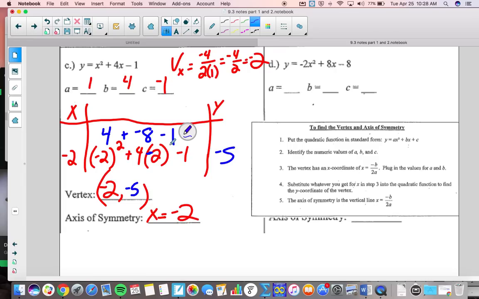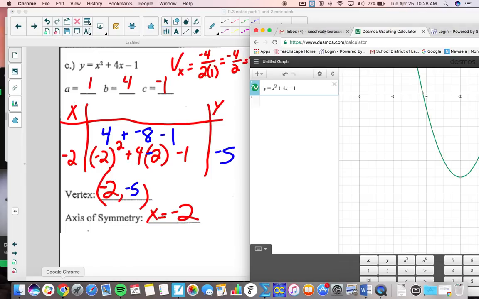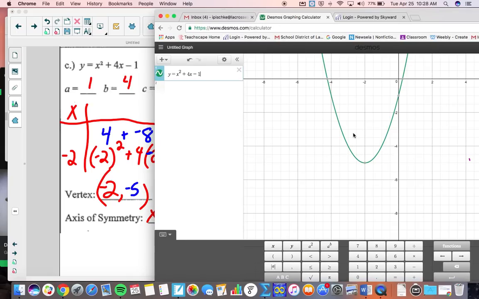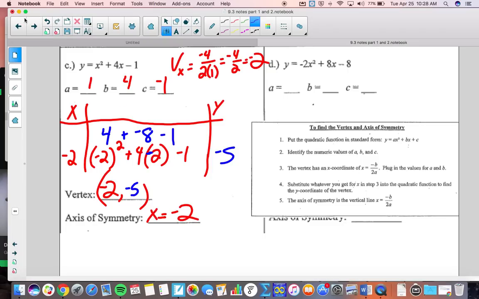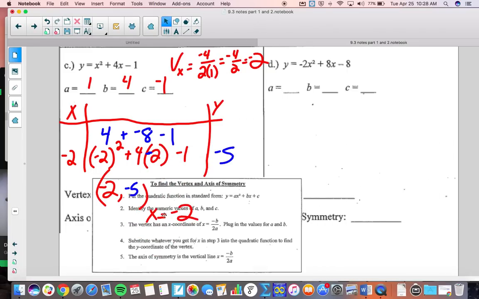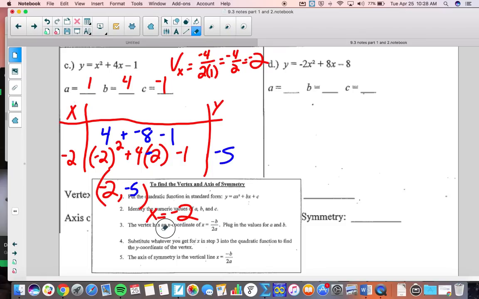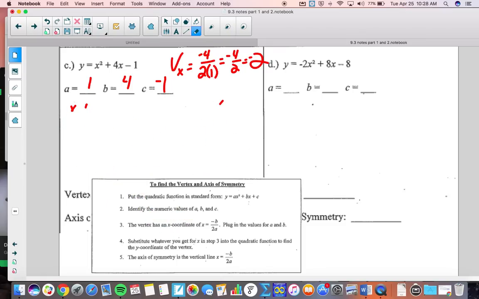I substituted in wrong. Sometimes we copy wrong, right? So was that -2, -5 then? Yep, there we go. -2, -5 is our vertex. And then our line of symmetry would be a vertical line through -2. All right, well, that was embarrassing. So we'll all learn from that, right? Be really careful with what you're plugging in.